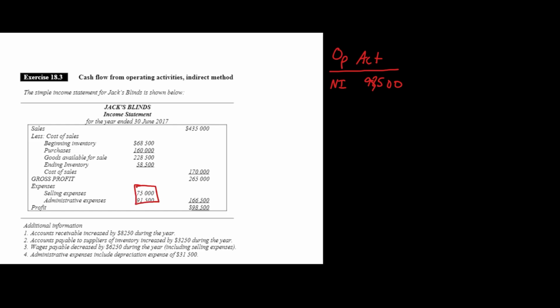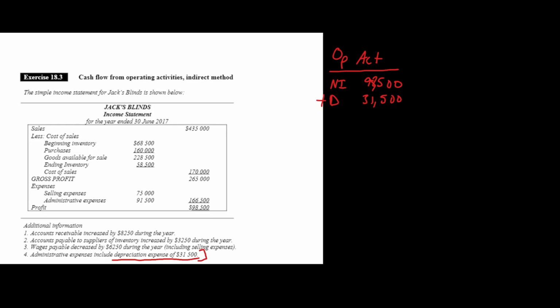I'm not seeing anything in the expenses section, but if we look in the additional information, we can see depreciation expense of 31,500. So we would add back depreciation of 31,500.